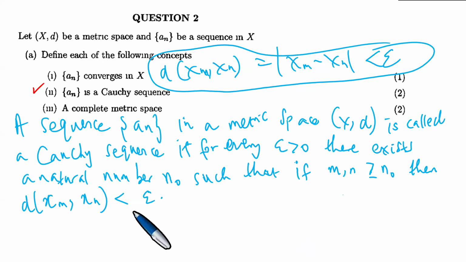It means that these xm and xn sort of converge to the same limit.